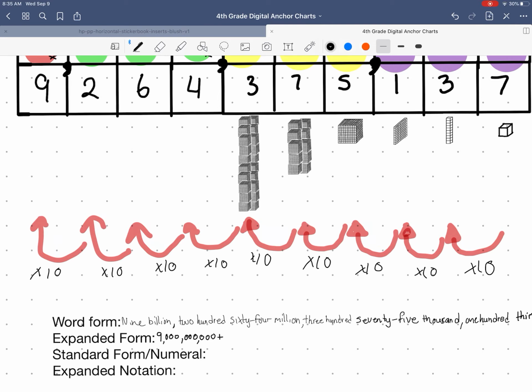Plus, now I'm going to do the 2. 200 million.